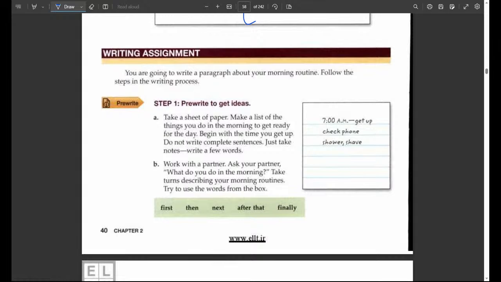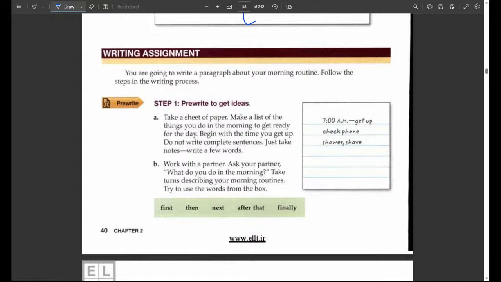After your class you get to the cafeteria, eat breakfast there, or you could eat breakfast before coming to the school. Those things all are your pre-writes to get ideas.